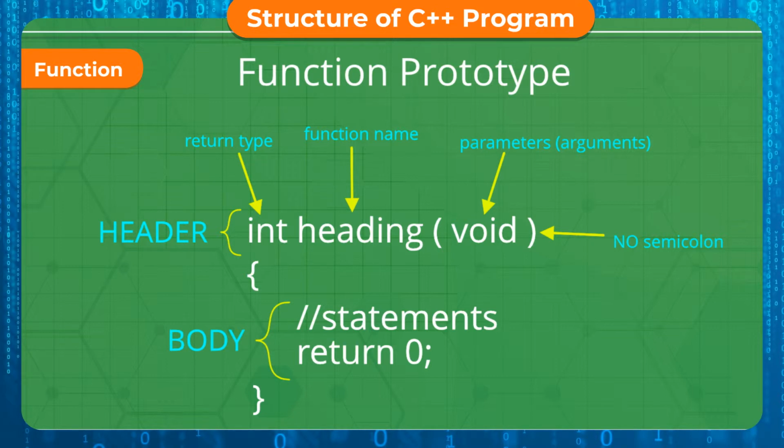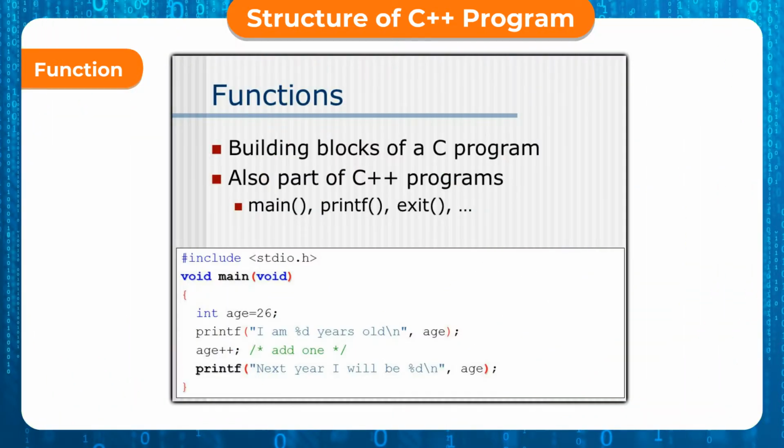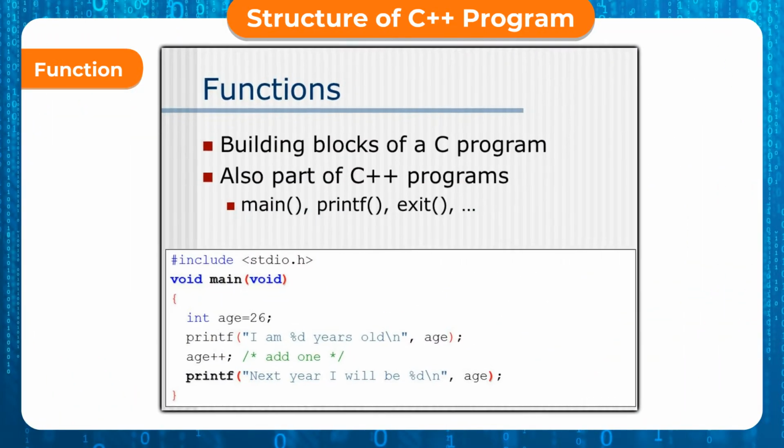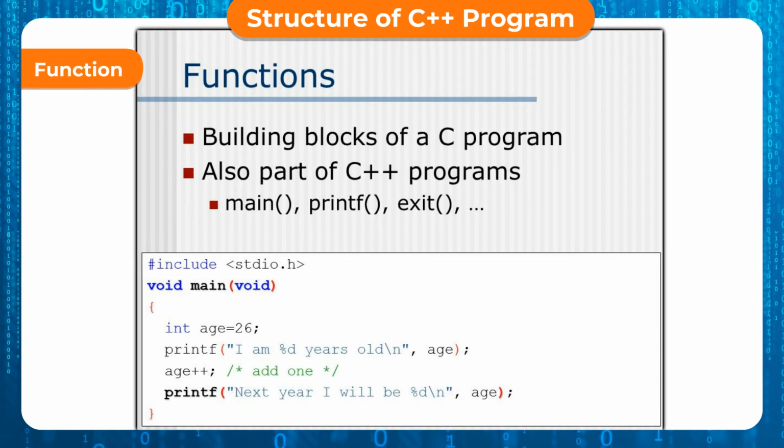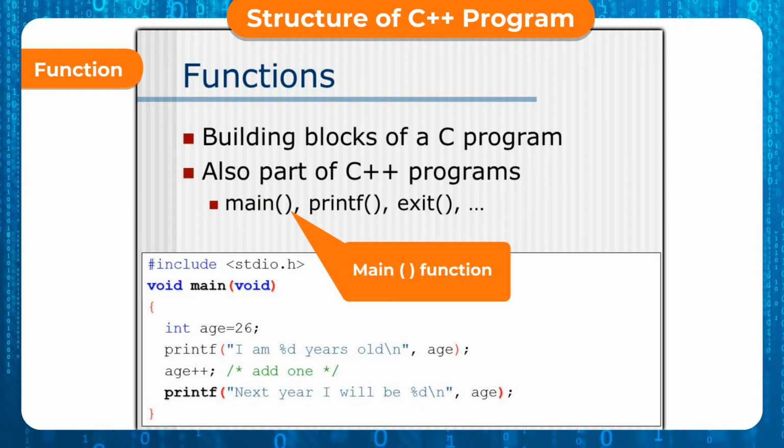Function. In C++, a function is a group of statements that together perform a given task. Every function contains a heading that consists of the function name. They are the building blocks of C++. The first program consists of the main function.